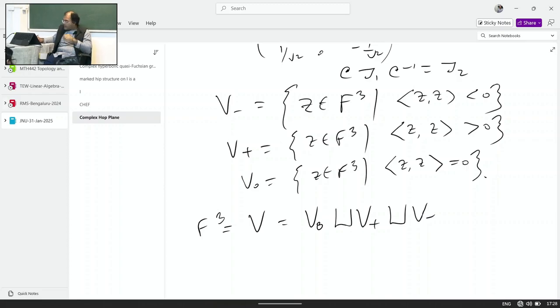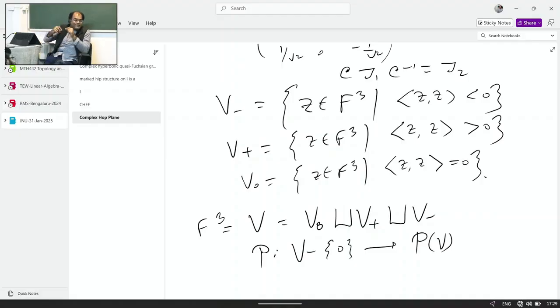Now in topology or linear algebra, you know that you can consider the set of all lines and define a projective space. So P is a map from V minus 0 to the projective space.